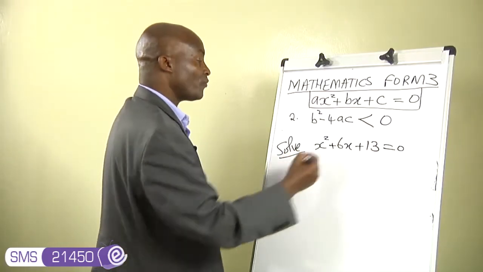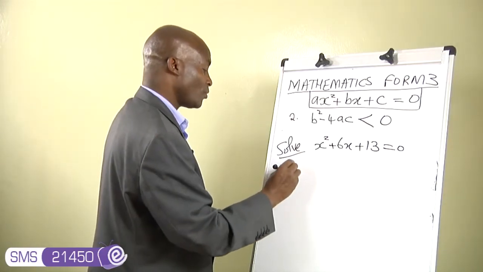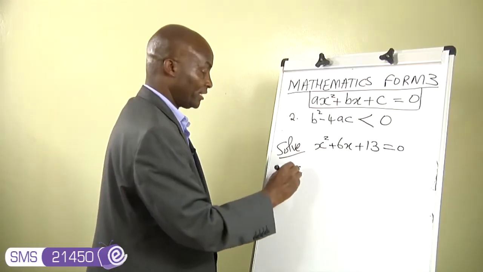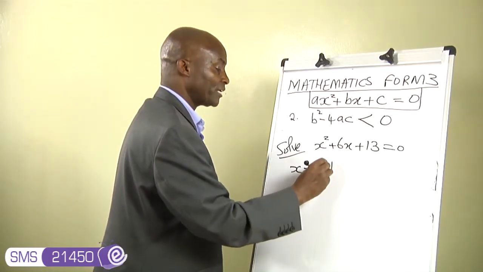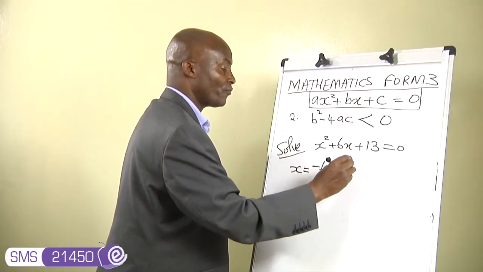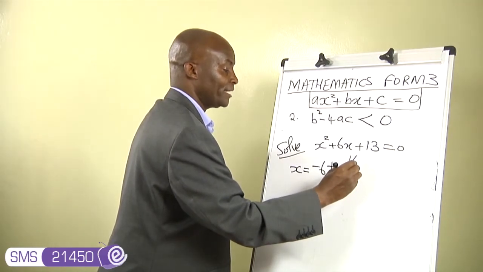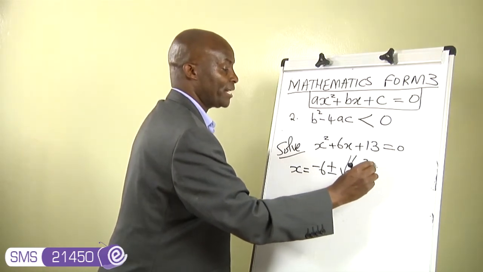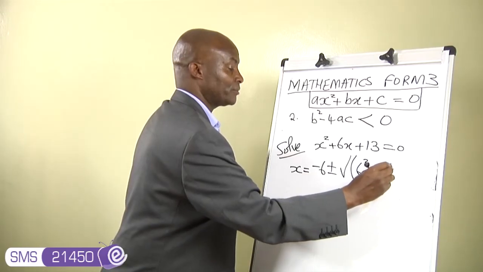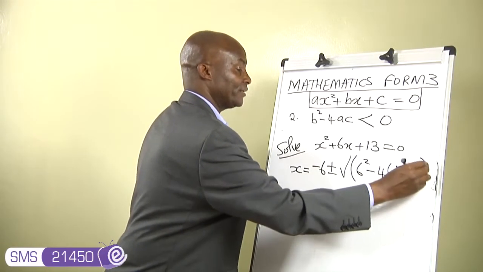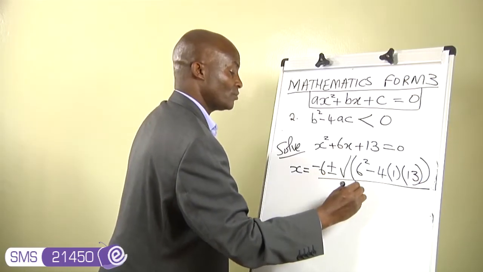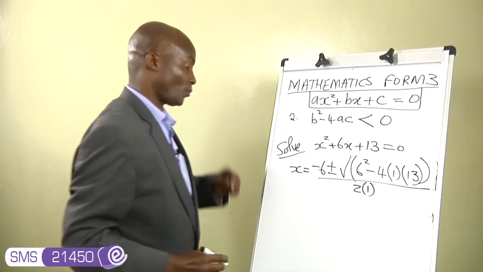Now, to solve this, applying the quadratic formula, we will have x is equal to negative b, that means negative 6, plus or minus the square root of b squared, which is 6 squared, minus 4 times a, which is 1, and c is 13, divided by 2 times a, which is 1.